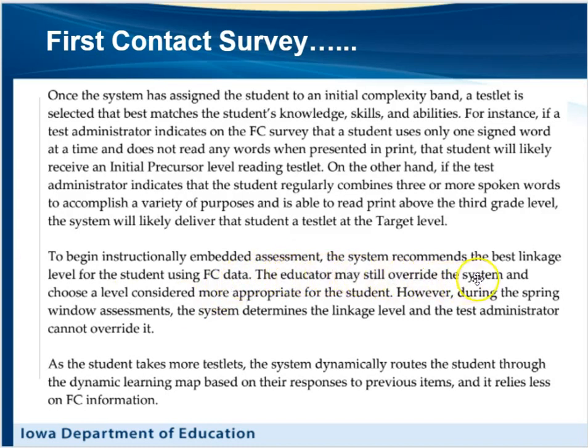The educator can still override the system and choose a linkage level that you deem more appropriate. But then as we go through the system and as we even get into spring, when there's going to be more summative assessments, the more the system knows about how the student actually performs, the more it will rely on past test data for the student and less on that first contact data.